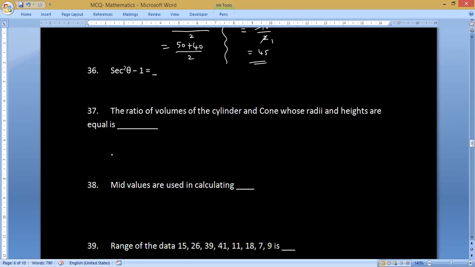So secant square theta minus 1. We have an identity: secant square theta minus tan square theta is equal to 1. So in this case, I'll move tan square to the right hand side and 1 to the left hand side.